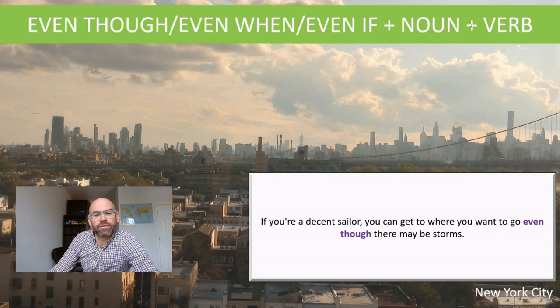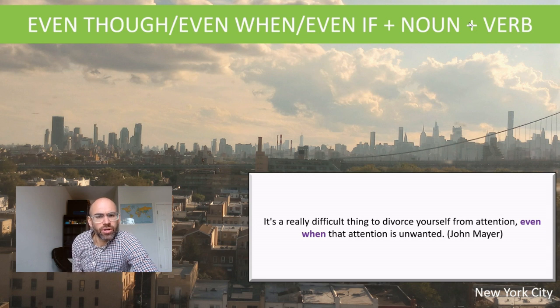And then finally, we're going to look at a quote. This is a John Mayer quote. He says, "It's a really difficult thing to divorce yourself from attention, even when that attention is unwanted."